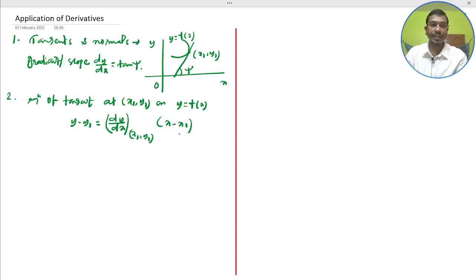This is the equation of tangent at the point x1, y1.